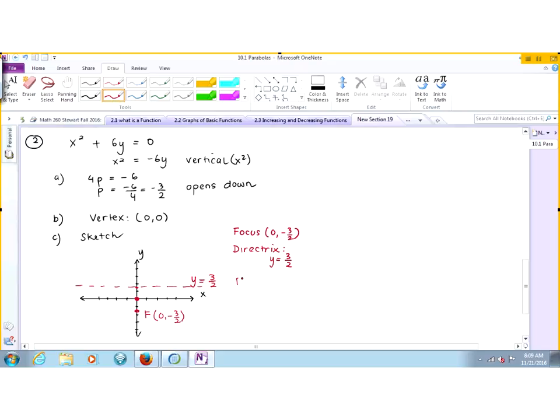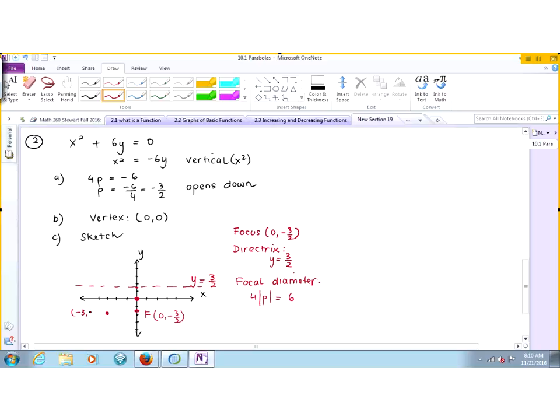Now, how am I going to sketch it? Oh, focal diameter. What is the length of my focal diameter? Yes. So the length of my focal diameter is 4 absolute value of p, which is 6. So how am I splitting up my 6? 3 left and 3 right? Okay. So from here I go 3 left.